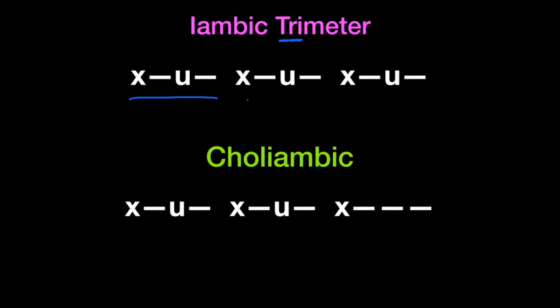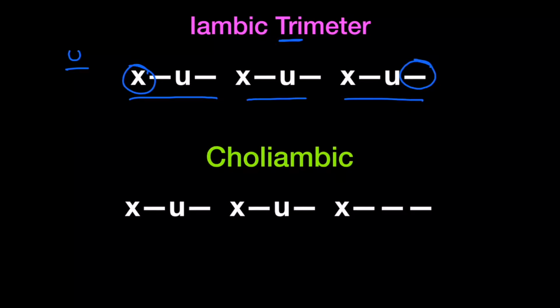Okay? Where remember, this X is an anceps, either short or long. And where this last syllable actually can be either short or long, but we're always going to count it as long because of the end of the line that follows. It's sort of like a little rest.